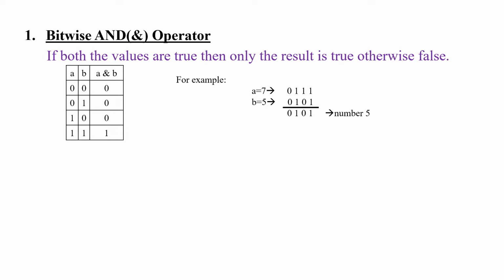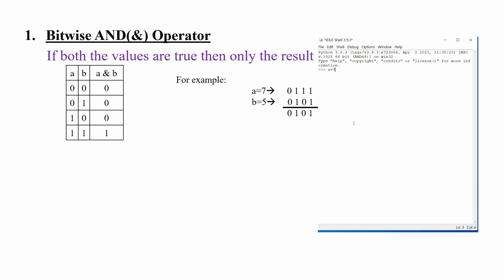The output is 0101. This 0101 is the binary form of number 5. So we'll get the output as number 5. We'll see it in the Python IDE. A is equal to 7, B is equal to 5. Print A and B. We'll get the output as 5.